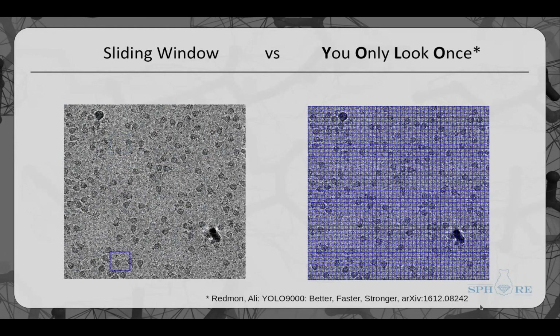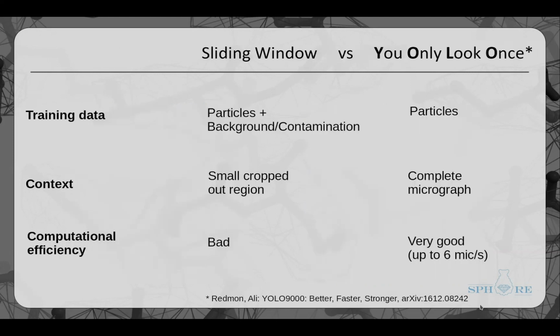YOLO does the detection in a single run through the network by passing the complete image into the network. And then it uses a grid to detect the objects, in our case, the particles. If we compare the two approaches, the common sliding window approach and the YOLO approach, then for the training data, the good point is you don't have to select background and contamination.